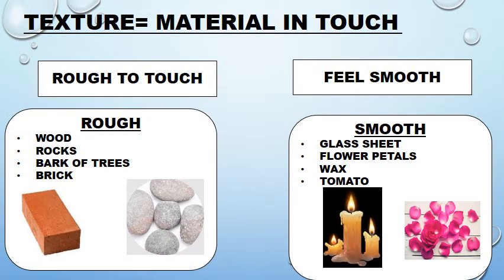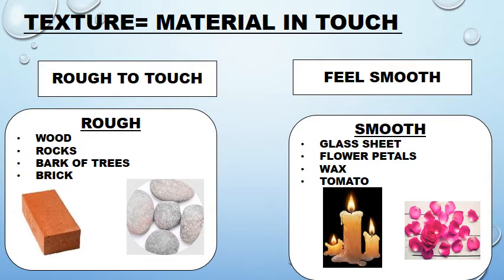Now the next property is texture. Based on touch, different materials are classified into rough and smooth. The materials which have bumps and ridges on their surface and are rough to touch are called rough materials.